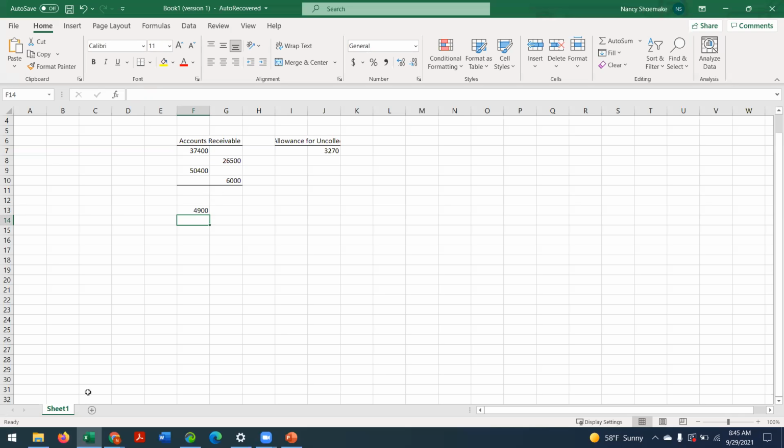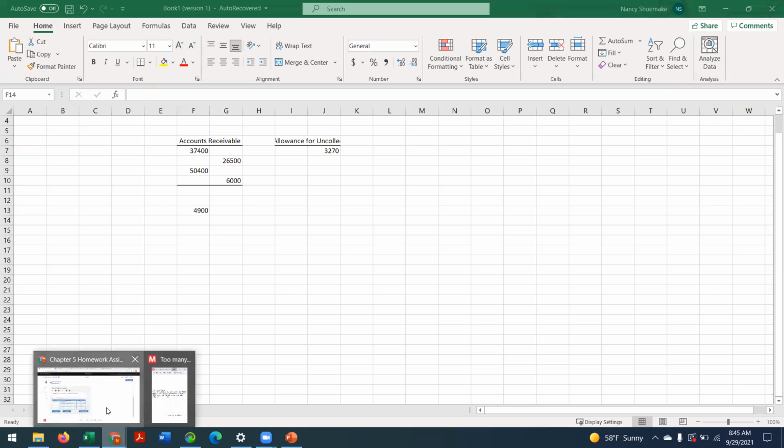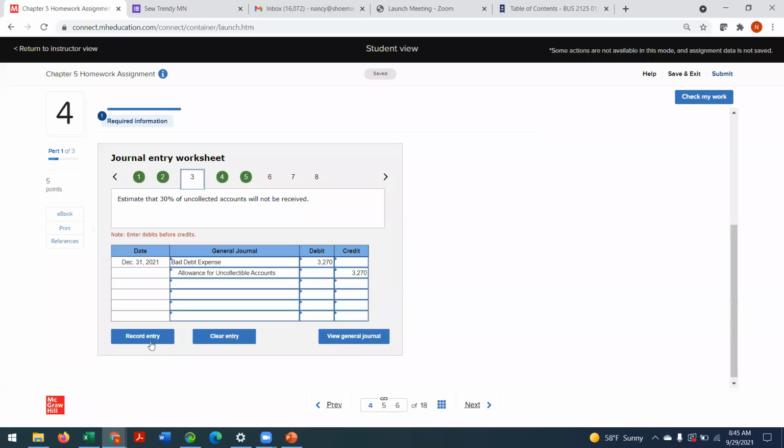So we've got 4,900 outstanding there. Okay. Now it says write off the remaining amounts owed from services provided in 2021. So what they're telling us is we're not going to collect that money anymore. Let's go ahead and write it off.